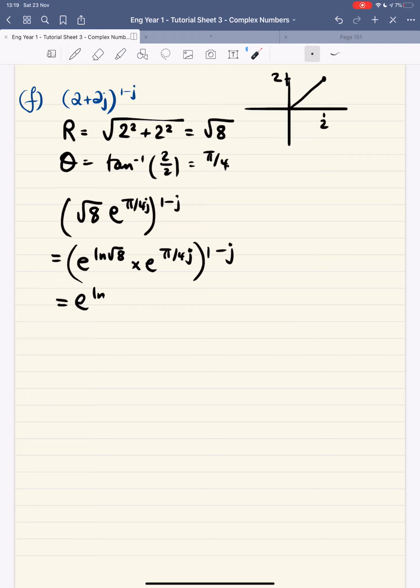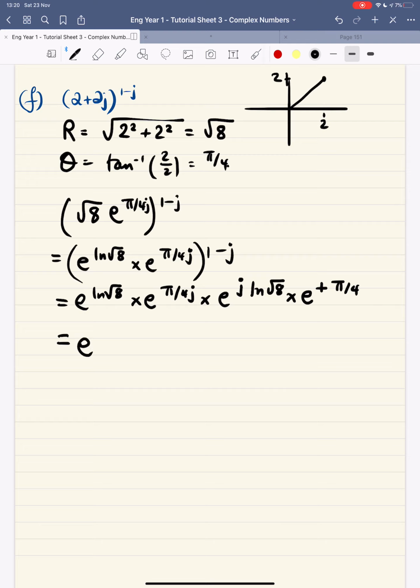So root 8 to the power 1 leaves it unchanged, and then it's times e^(-j ln √8) times e^(-j·jπ/4), and j squared is minus 1, so it's plus pi by 4.